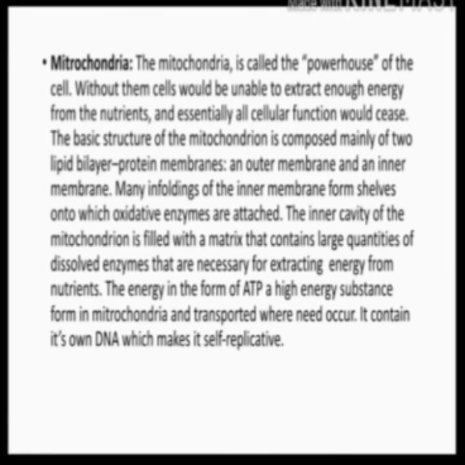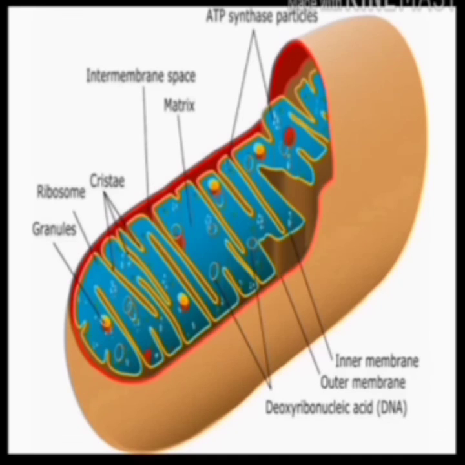Structurally, it is composed of a double layer of lipid bilayer and also contains proteins. An outer layer, in this figure, it is the outer layer, and this one is the inner layer. The inner layer is invaginated or infolded inside, which makes the cristae of mitochondria.